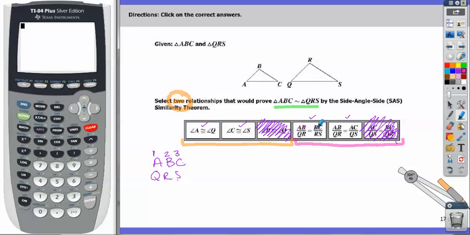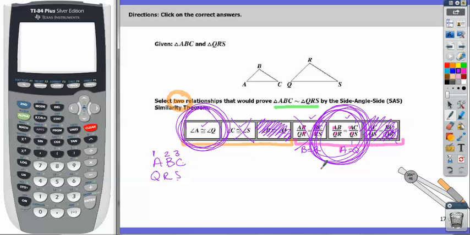In this one, I have B and R. In the next one, I have A and Q. Now, if I look at my orange highlights, I don't have B and R. So this has nothing to match up with. C and S has nothing to match up with, but A and Q matches up with A and Q. So those are the two things that I would pick.